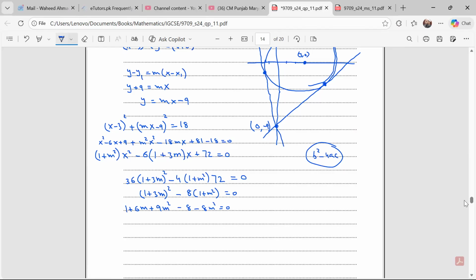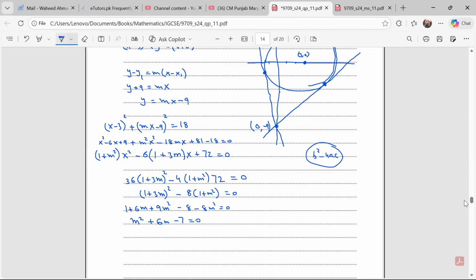So 9m squared minus 8m squared is simply m squared, and plus 6m, and 1 minus 8 is minus 7. Okay, did I include everything? Yes. Okay. And this equation, what is this? m squared plus 6m minus 7.